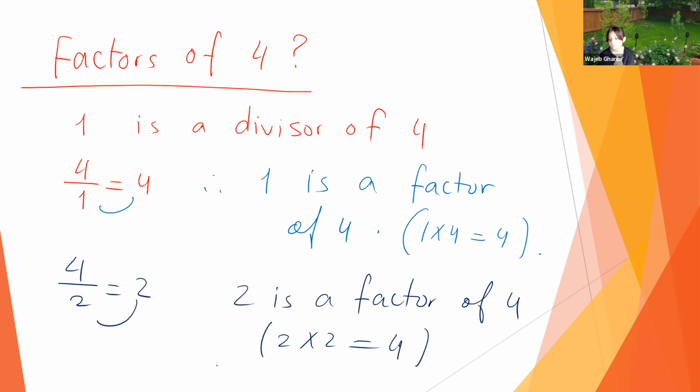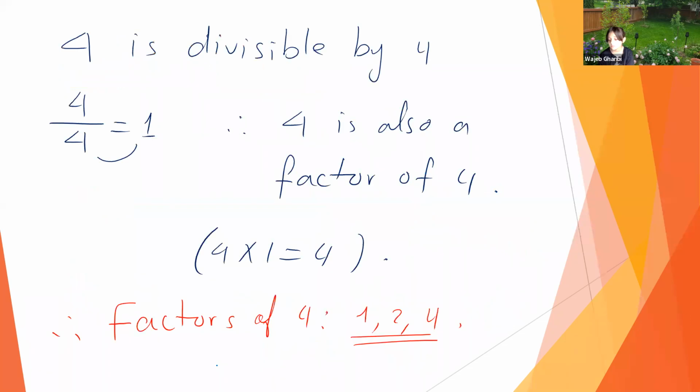So 2 is a factor of 4. Is 4 divisible by 4? Yes, 4 divided by 4 equals 1, or 4 times 1 equals 4. Therefore, the factors of 4 are 1, 2, and 4. Not 3.